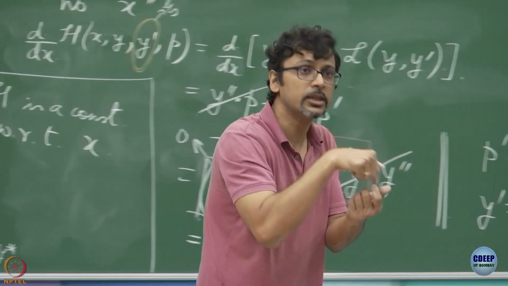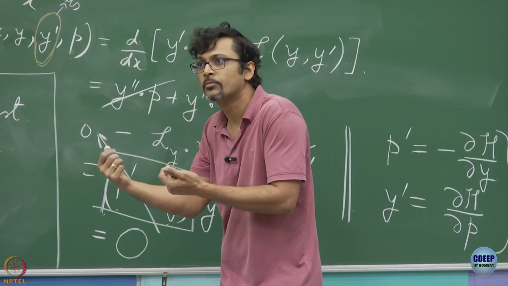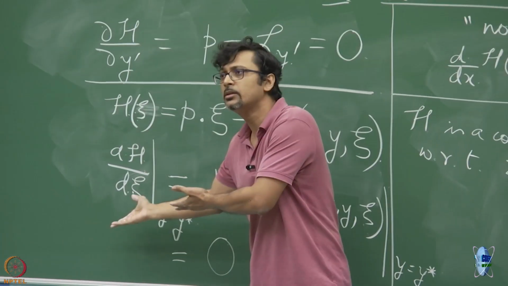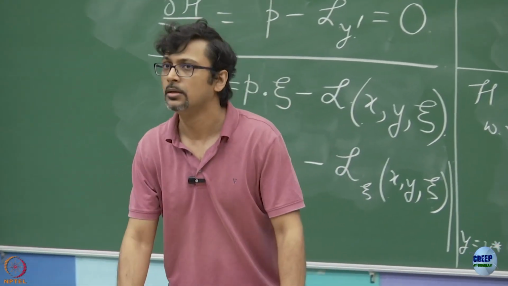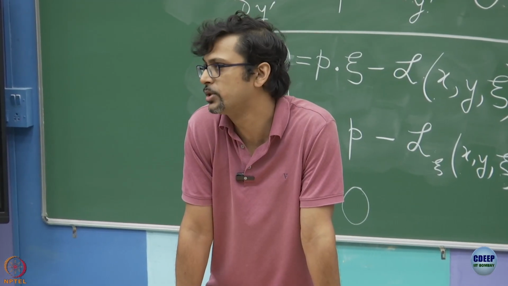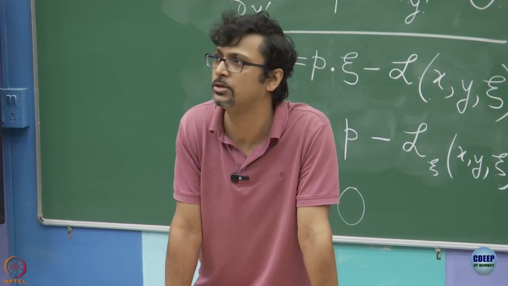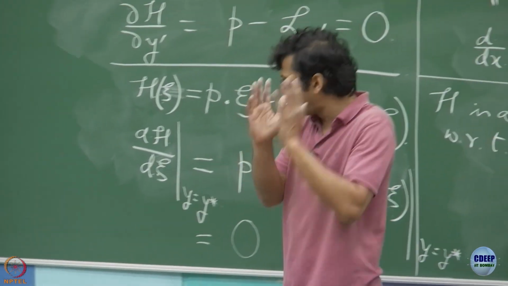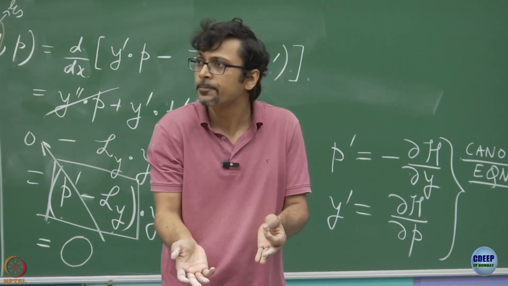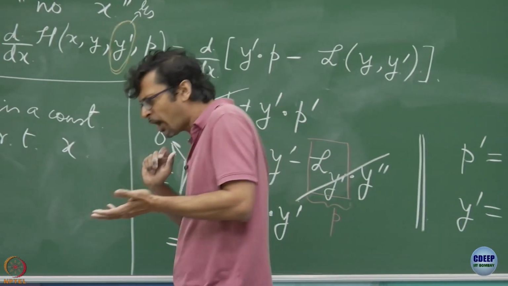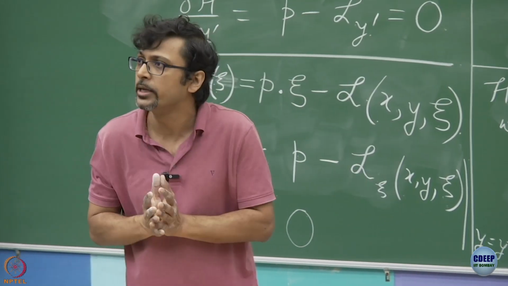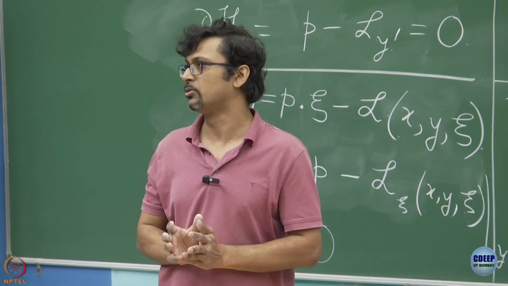The very control that maximizes the Hamiltonian, and that maximization need not entail differentiation. For example, the modulus function mod x is not differentiable at x equal to 0, but you still know that it's got a minima at x equal to 0. So somehow you figure out the choice of this third variable, which later on shall become the control in our case, and find out what choice is going to give you the maxima of the Hamiltonian. That is going to be your optimal control.